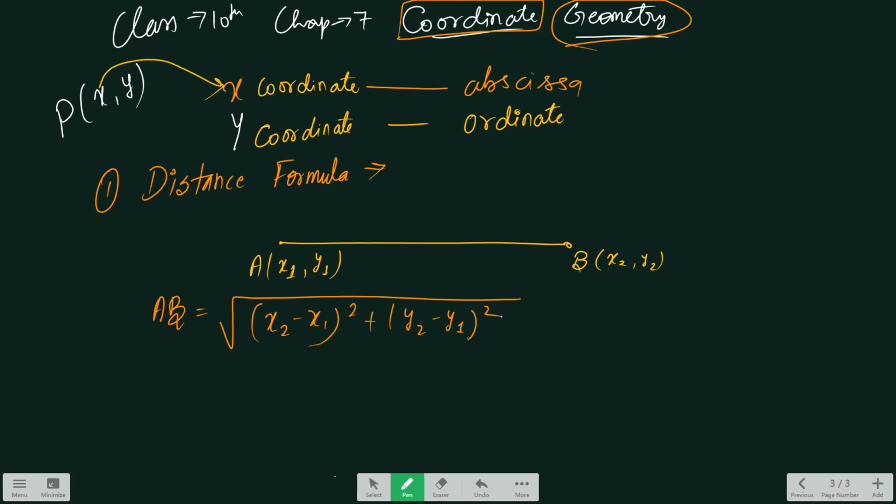Or you can also write it as (x1 minus x2) whole square plus (y1 minus y2) whole square. They will provide the same answer. Is it clear? There is a derivation for the distance formula, but we're not going to study the derivation as there is no need of it.